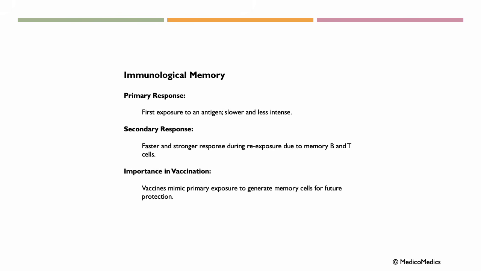Now then, immunological memory. So we have the primary response, which is the first exposure to an antigen. This is slower and less intense. If you remember, we differentiated between innate immunity and adaptive immunity, whereby our innate immunity is faster but non-specific, and it also has no memory.